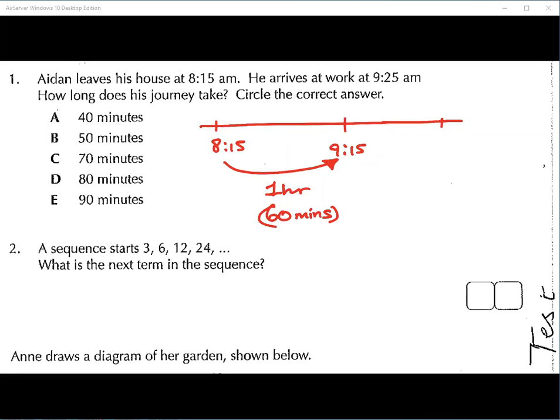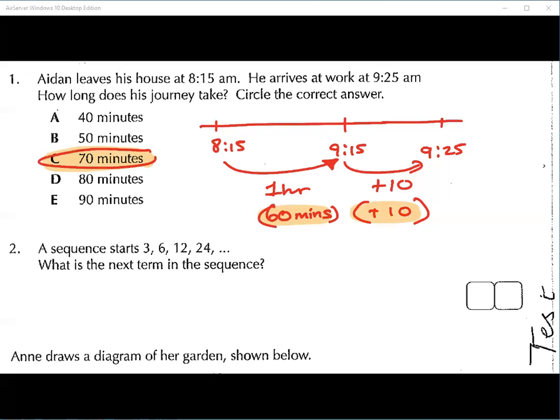Now he actually gets there at 9:25, so how many extra minutes is that? From 9:15 to 9:25, 10 minutes. So what's 60 add 10? 70. So the answer is 70 minutes. Fantastic, lovely.